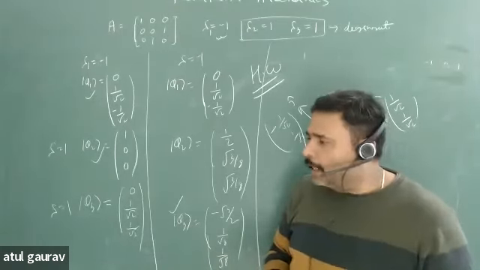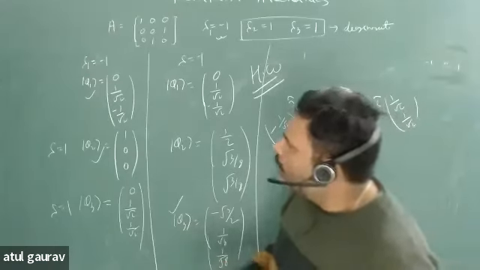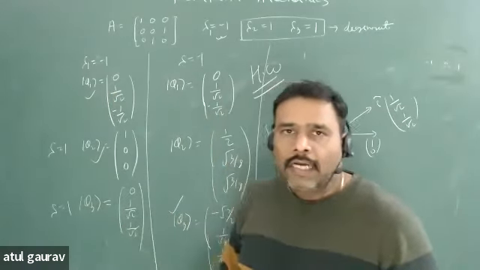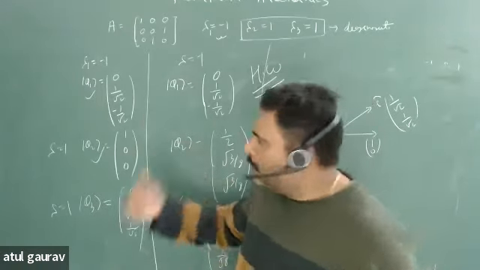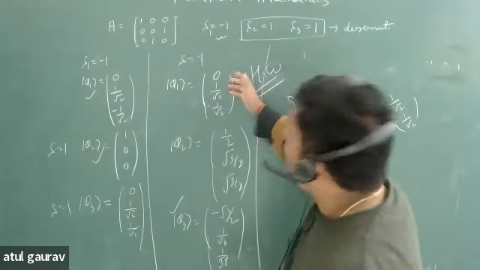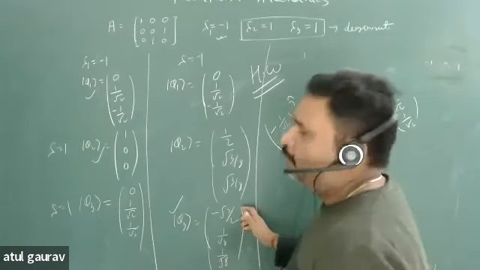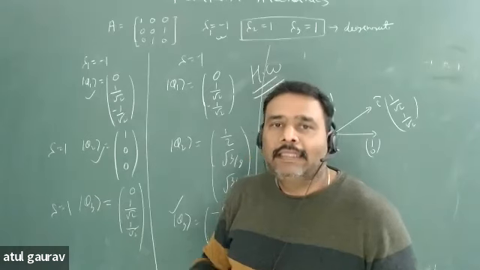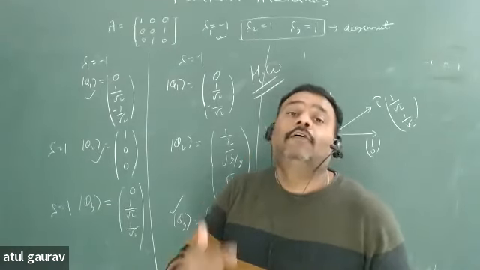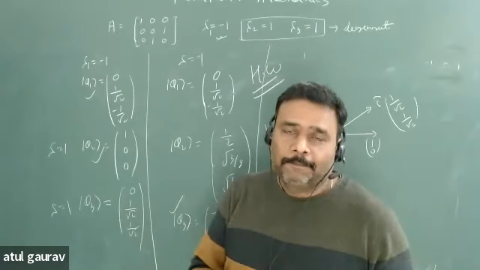So if anybody is saying, no, this is my only x-axis, this is the y-axis, this is my z-axis, I can claim, maybe you are correct, 100% correct. But for me, this is my x-axis, this is my y-axis, and this is my z-axis. And this will come out if your eigenvalues are degenerate.